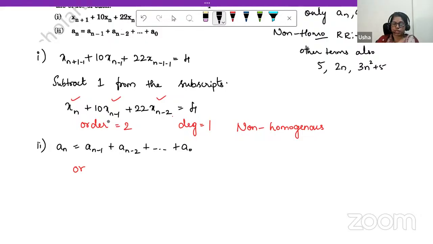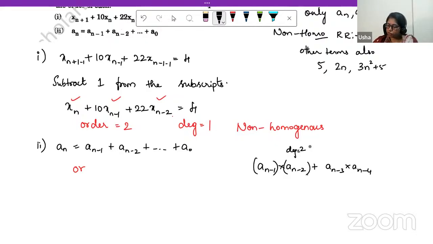It is of the recurring term you have. For that, what is the power? That is degree. But sometimes you will have something like an minus 1 into an minus 2 plus an minus 3 into an minus 4. In this case, there is one term multiplied with another term, right? So degree will be 2.